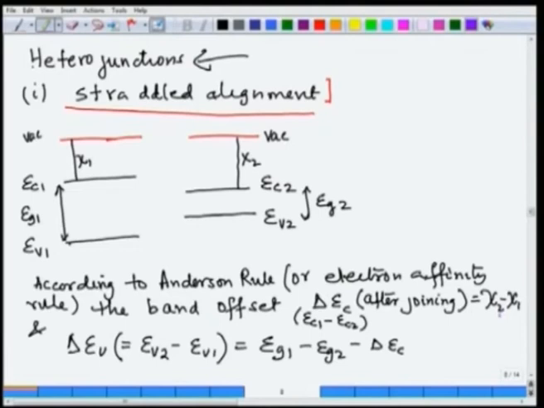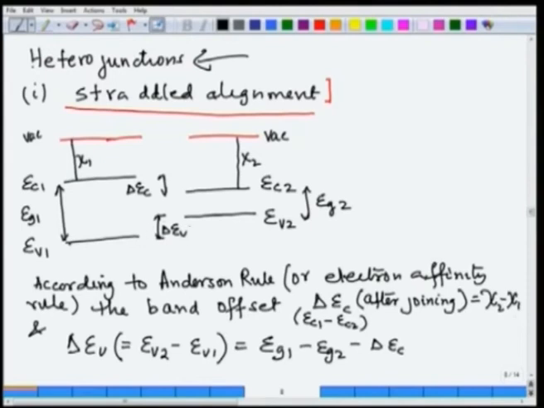And by the same token, you should be able to see that this value is delta EC, and this value is delta EV. Delta EC you can clearly see is psi 2 minus psi 1, which is written right here, and after joining also it remains the same.